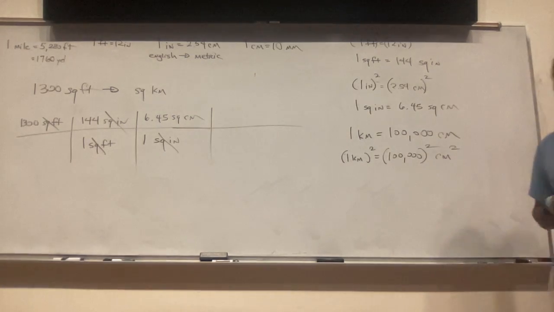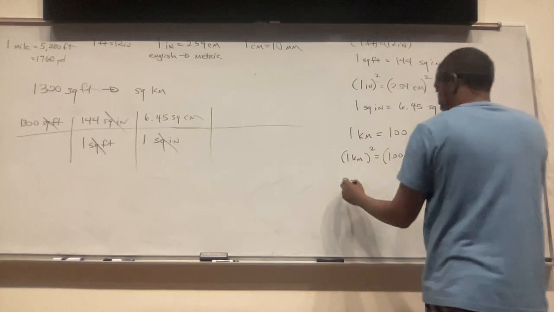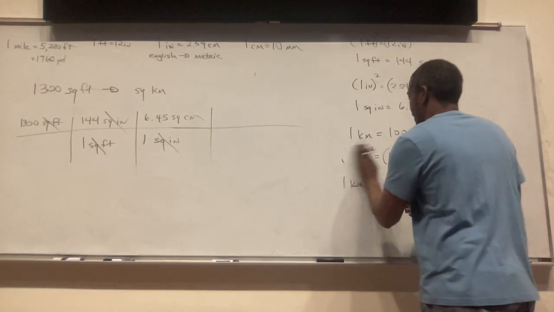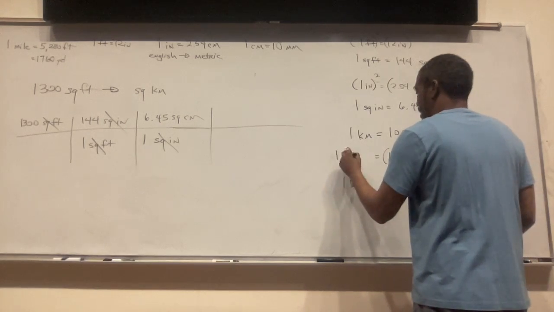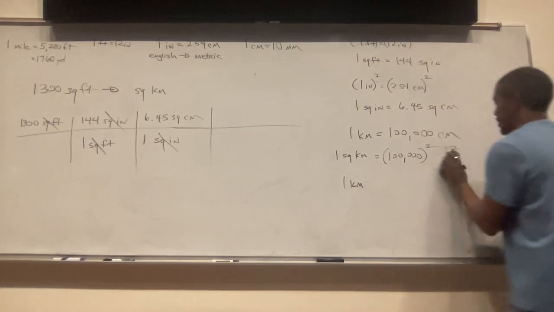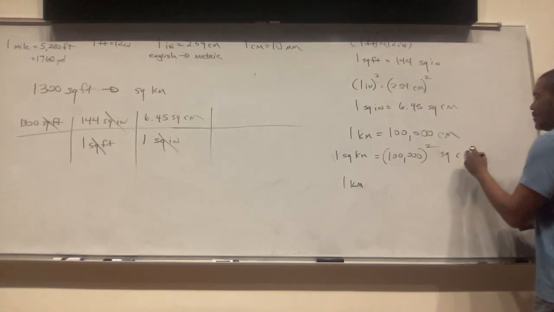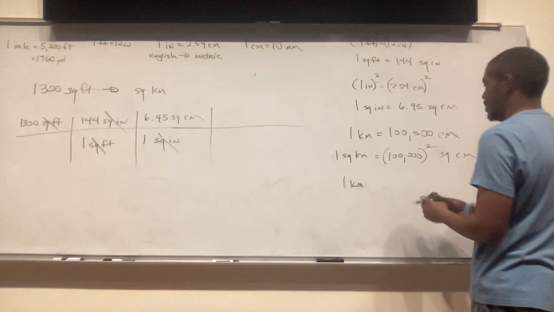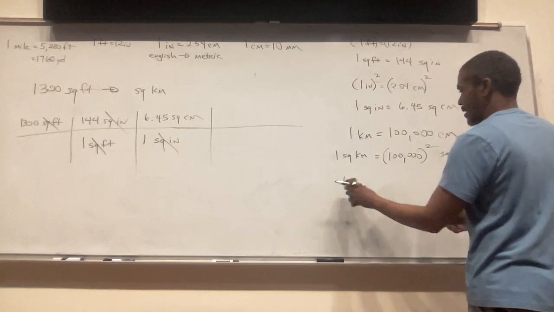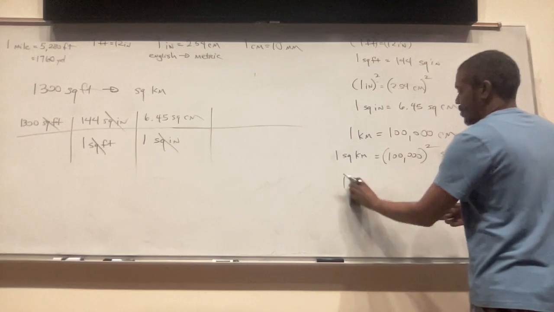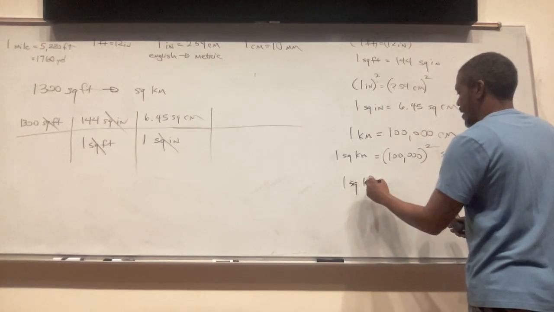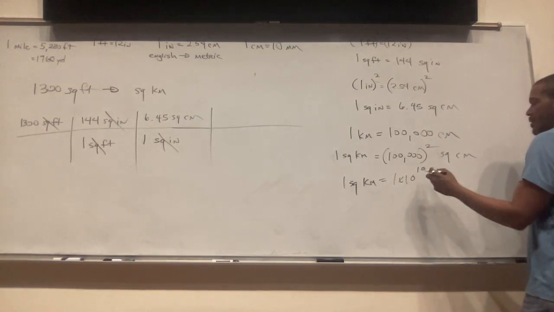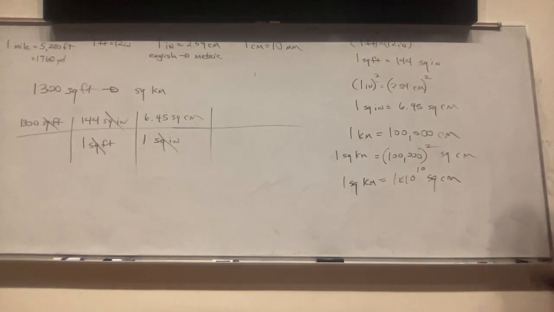Let me write it out because some people might get confused. 1 square kilometer is equal to 1 times 10 to the 10 square centimeters.